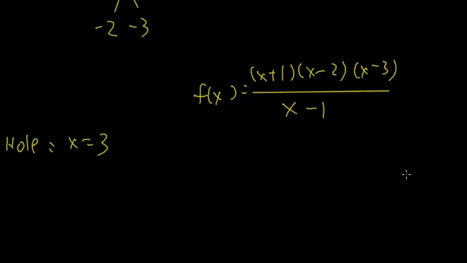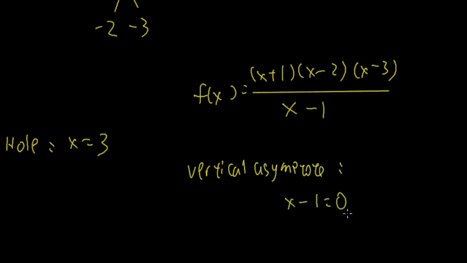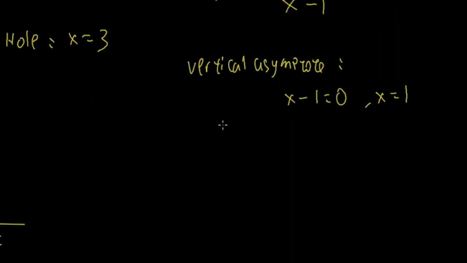Can you cancel anything out here? No, you cannot. So you can set the denominator equal to 0 to find the vertical asymptote. x minus 1 equal to 0, then x equals 1 is the vertical asymptote. How about the horizontal asymptote?